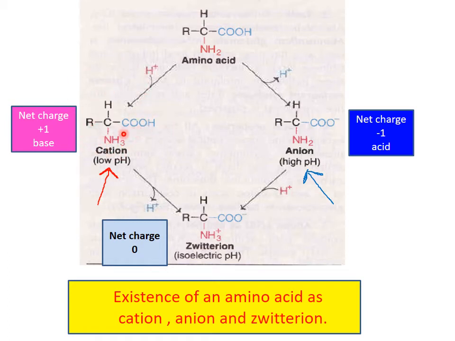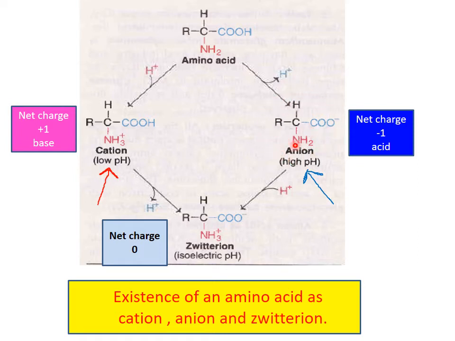On the other extreme, when amino acids are placed at high pH, what will happen? The carboxylic group will release a proton and it will become ionic. In this form you cannot get any further proton from the amino acid.